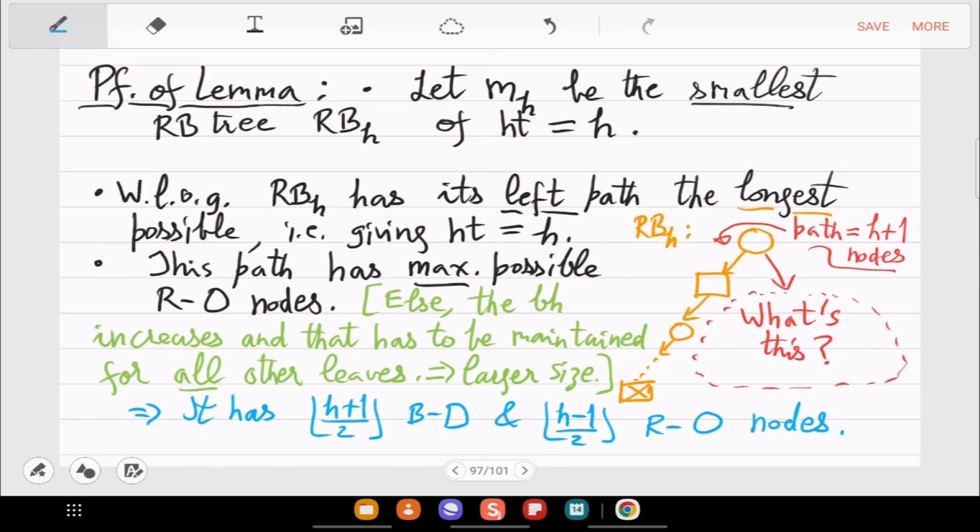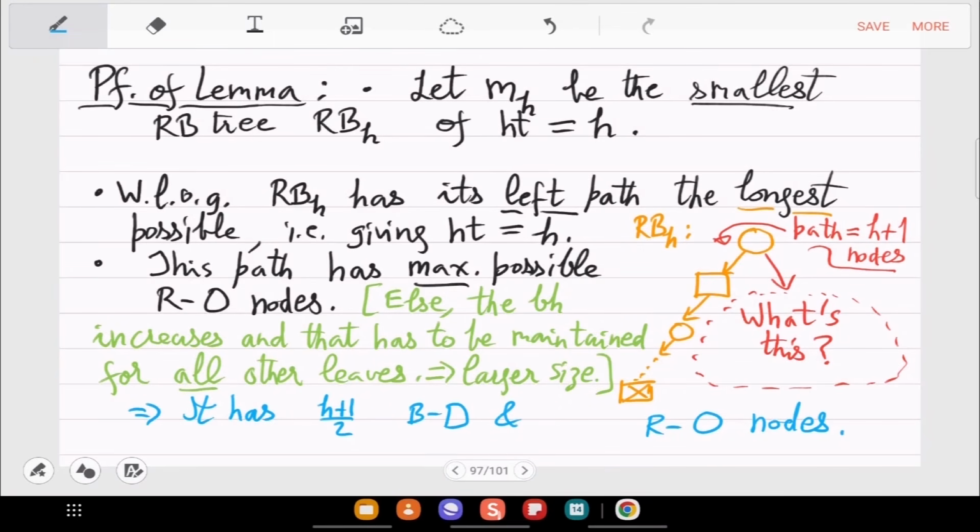Number of nodes in this case, well, height h, there are h plus 1 nodes. I am now doing the correct way. Let me save time and also notation. Let me just say both are equal.